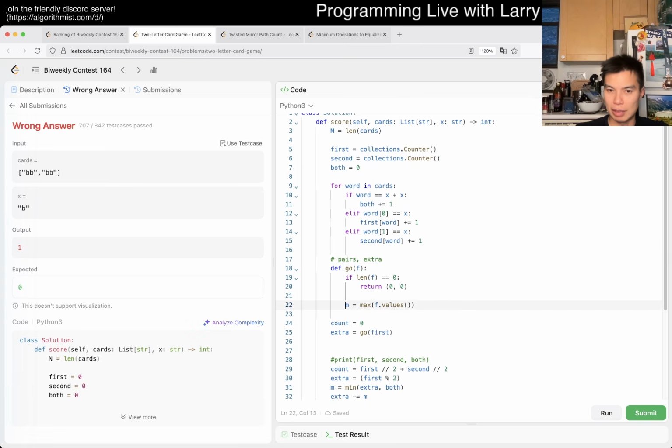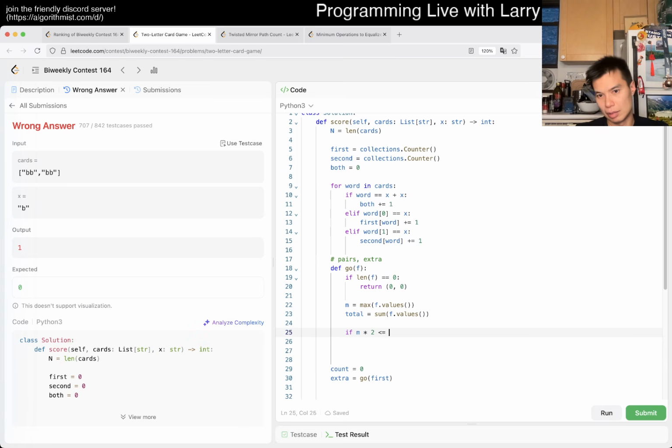Okay, so now otherwise it's max, right? We probably need sum of values. Okay, fine. And then if... right, then we can just return this. Right? Pretty straightforward.